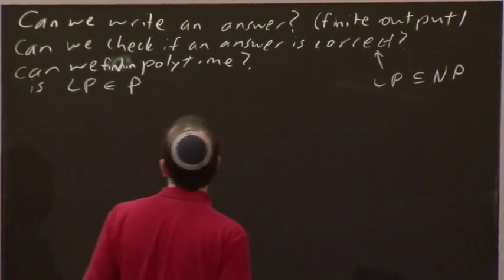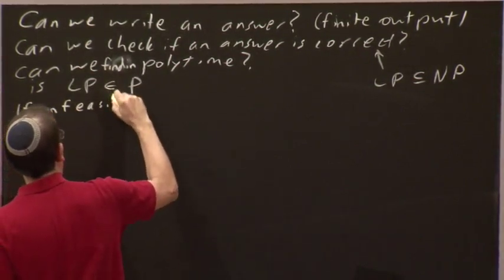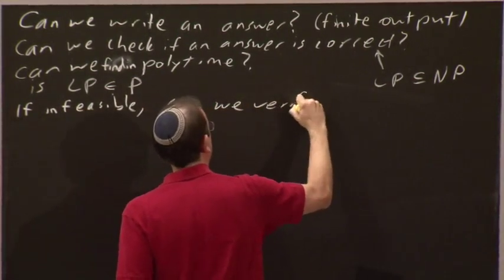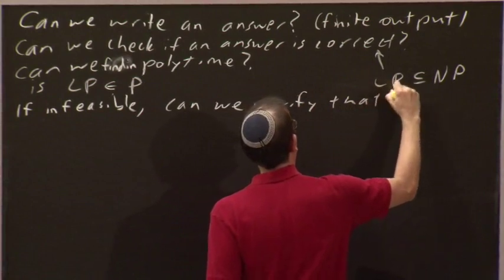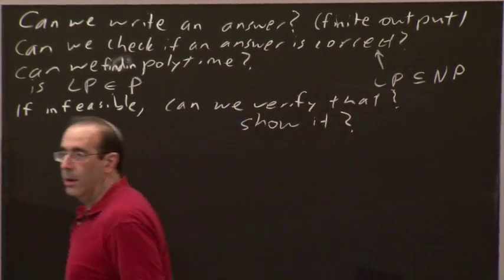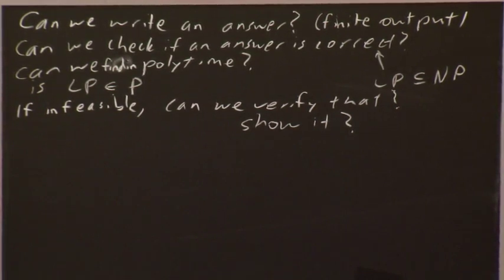Okay. If it's infeasible, can we verify that? Can we show it? So hopefully you can see that there's a whole stack of complicated questions to ask way before we get to actually coming up with an algorithm for the problem. There are these much more basic questions that we need to figure out first.